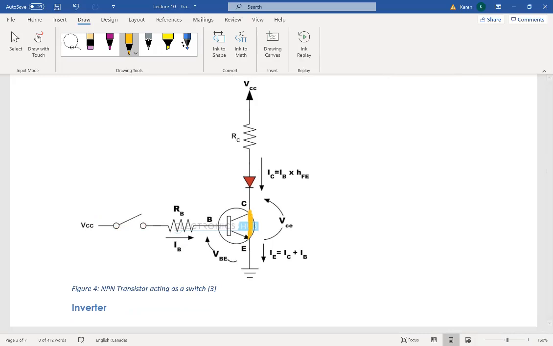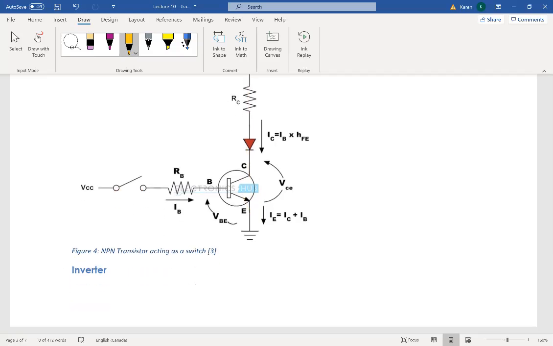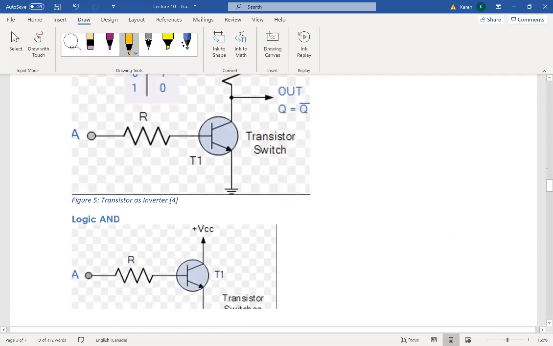If you close this switch and you give it 0 volts, then it is going to stay open, and it does not let the current travel through here. So what I drew above actually does have it work as a switch.